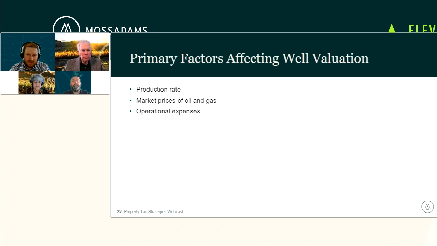So these factors are key to the valuation process, but they represent just part of the broader considerations, including technological advancements, regulatory changes, and geological characteristics. So effective management of these factors can help you navigate the complexities of property tax assessments and optimize your financial outcomes.